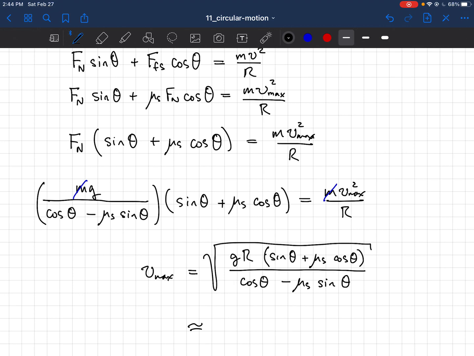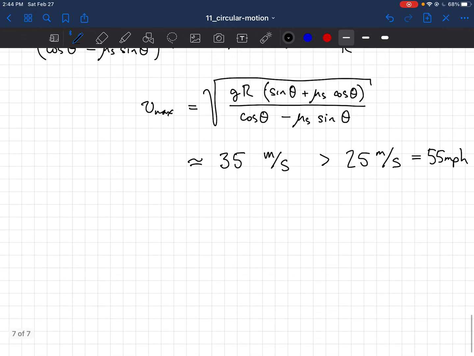And then all of that divided by cosine of our angle minus mu s, 0.3, times sine of 22, and then the square root of the whole thing. And we get approximately 35, but not miles per hour, 35 meters per second, which is greater than the speed we built the curve for, 25 meters per second, which was 55 miles per hour.